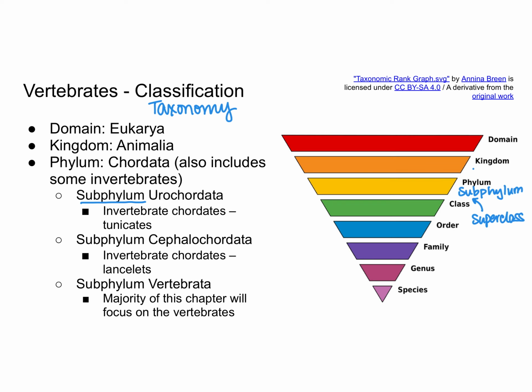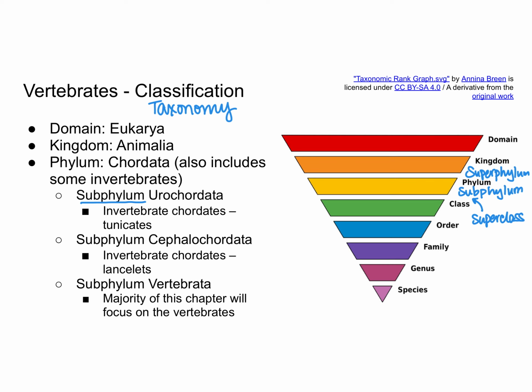There are also some superphylums or superphyla. So you might see some of these words, and they're not on this pyramid because they don't apply to all organisms, but some organisms have these intermediate levels of classification.